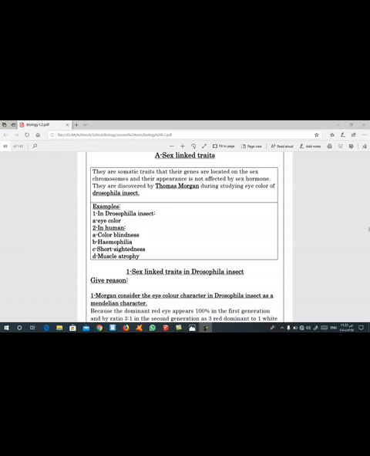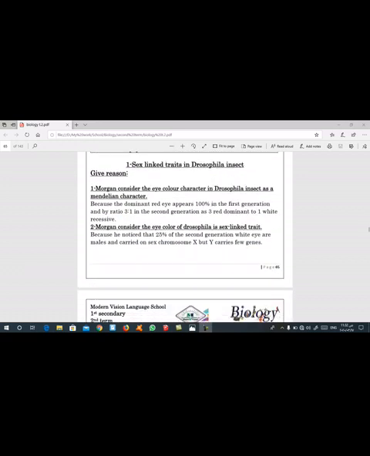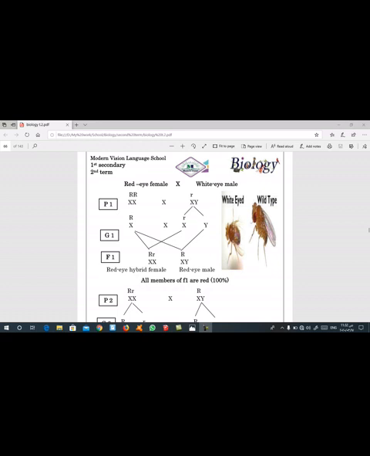So again, sex-linked means I have a somatic trait, a normal trait, not related to any sex character, but carried on the sex chromosome. First, in the Drosophila eye, we will give it XX, XY, and the trait will be carried on the sex chromosome.